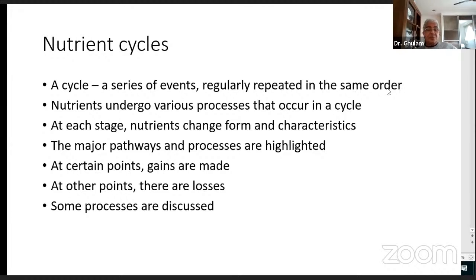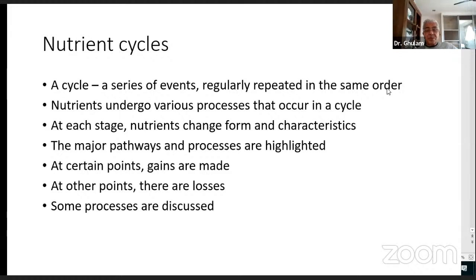So I'll try to explain to you how we can reduce the losses. That means stop the leaks if there are any, and also keep making the nutrients do their job to feed the soil and then the plants.